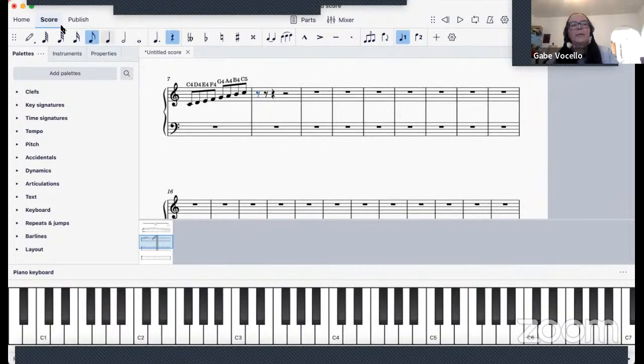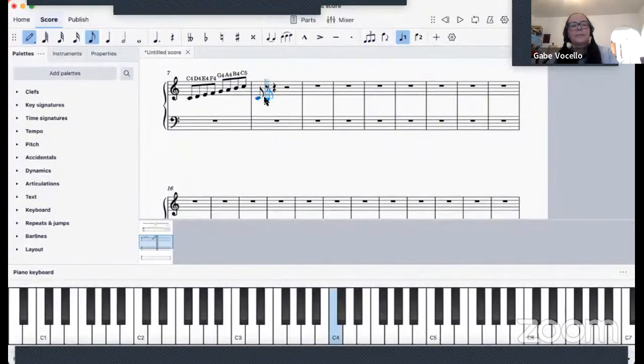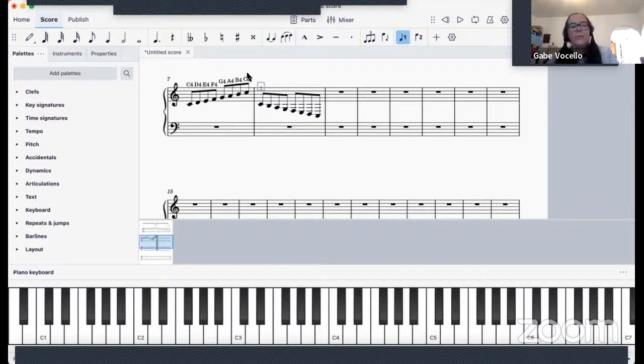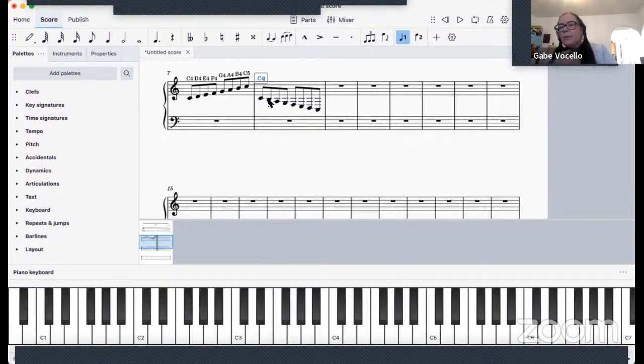Now let's do the descending scale. C4, this B here is the B that precedes the C4, so it's B3, A3, G3, F3, E3, D3, and C3.